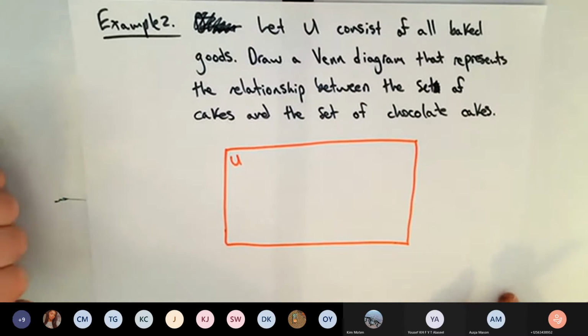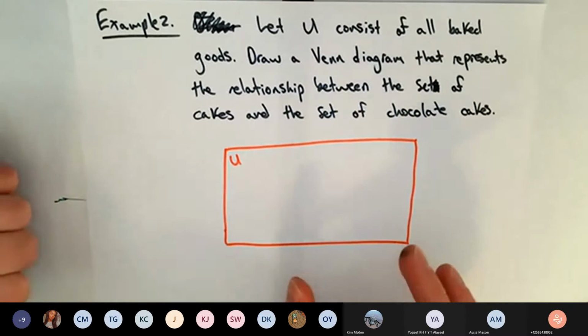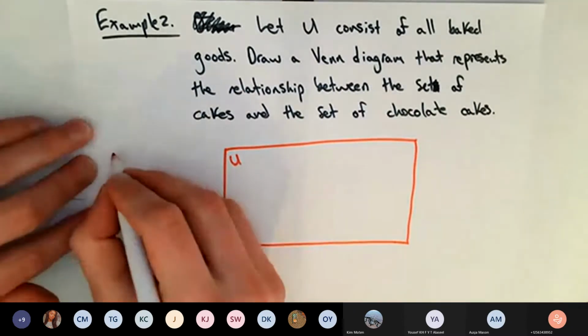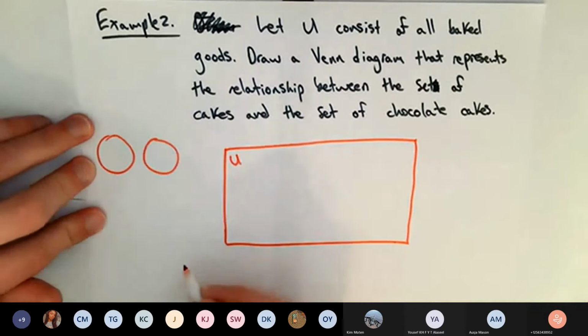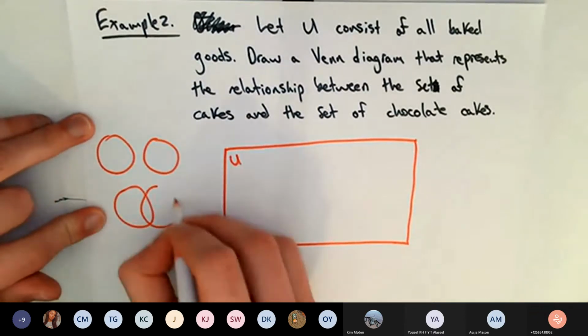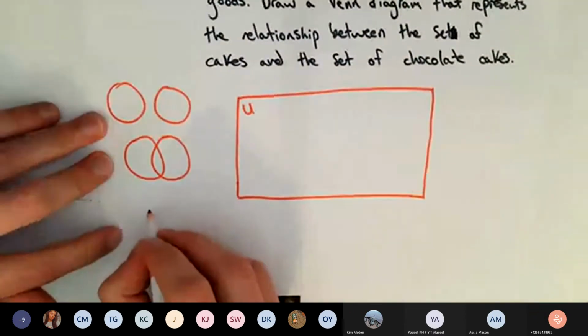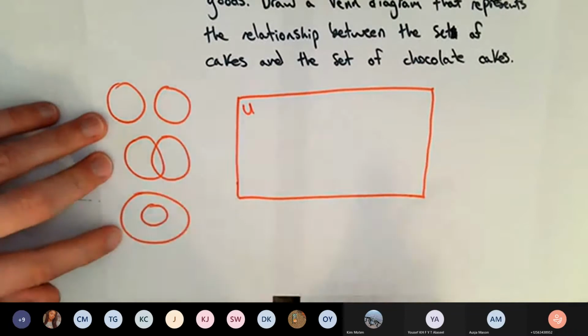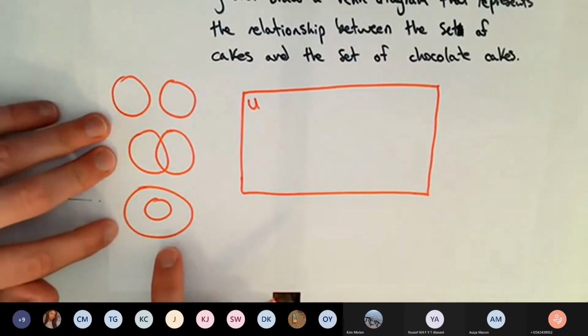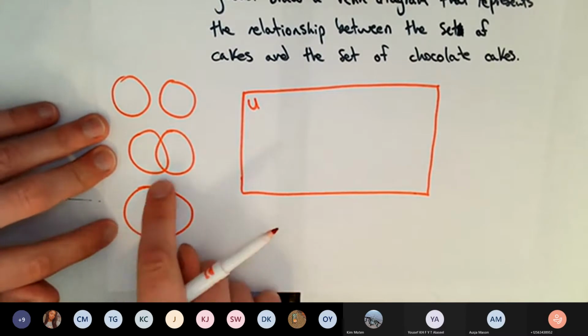All right. Now I know I'm going to have two circles in here, but the question is, are they distinct? Are they overlapping a little bit? Or is one completely contained in the other? And if one is completely contained in the other, which one is the outer set?